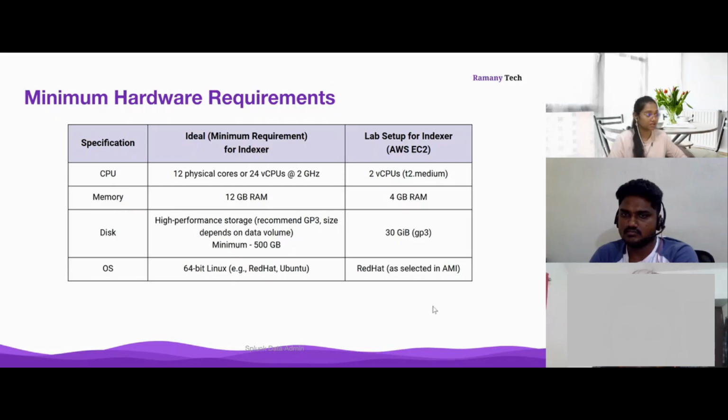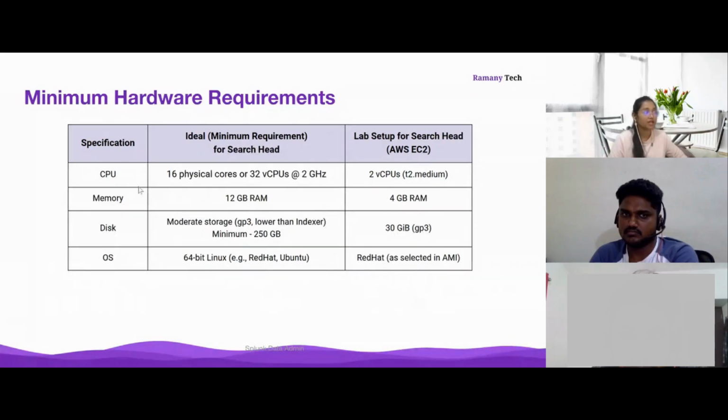Now for the search head. The search head will use more CPU instead of storage. The indexer will use more storage, like disk, but the search head will focus on CPU, since it is going to run the searches. That's the reason here we have 16 physical cores and 32 virtual CPUs at 2 gigahertz, and the memory is similar, 12 GB RAM.